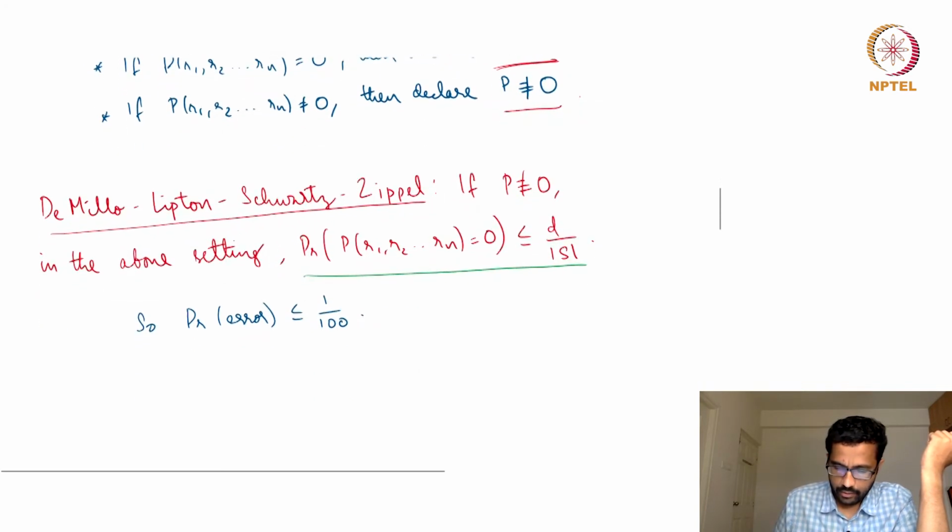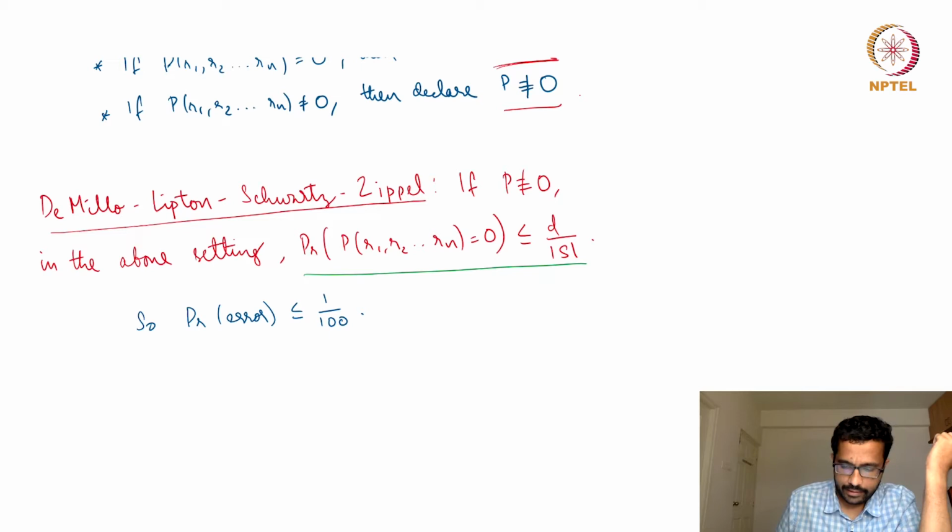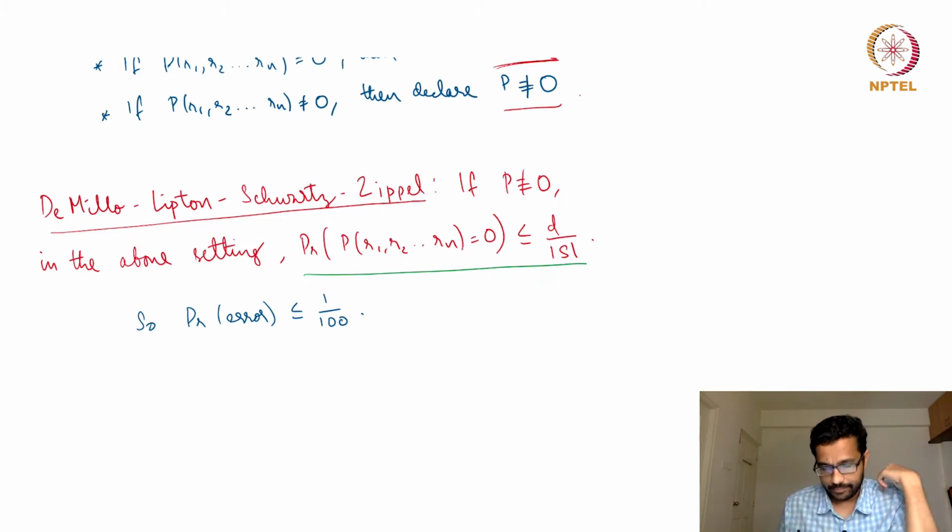Right. So the probability of error in this setting is 1 divided by 100.